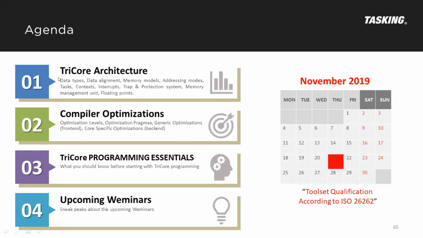Just a quick note here. We are going to have a new session on 21st of November. It covers more the safety aspect of the tool chain. So we are going to discuss the different topics related to tool chain qualification according to ISO 26262.